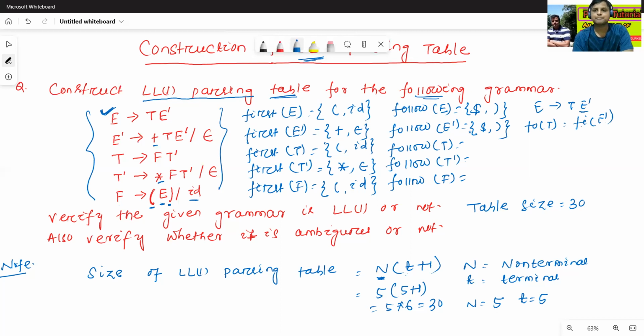Since first of E prime contains epsilon, remove epsilon and take the union with follow of E. Follow of E means $ and close bracket. So follow of T equals plus, $ and close bracket.